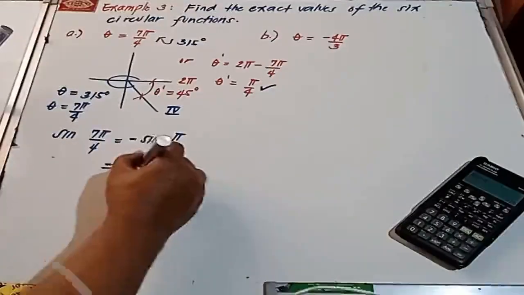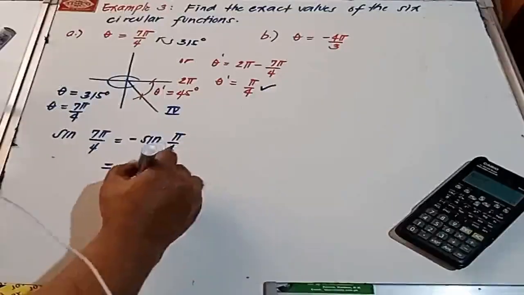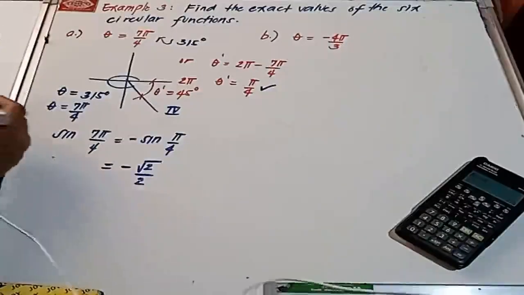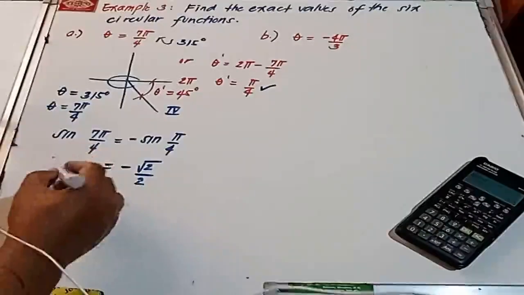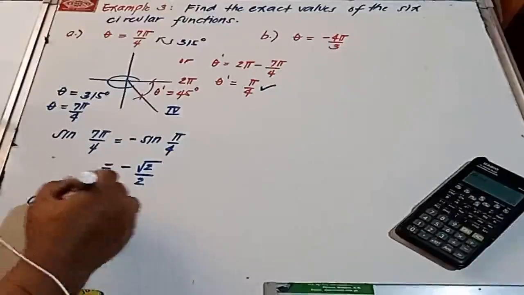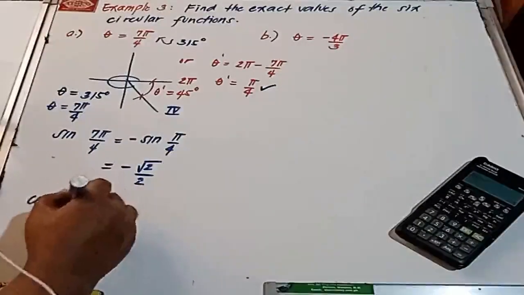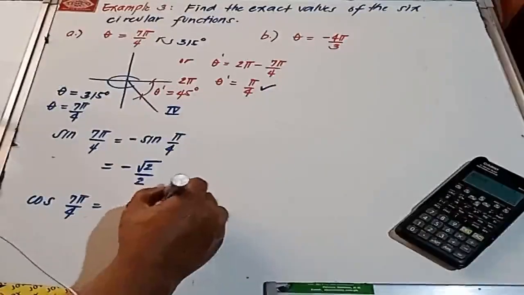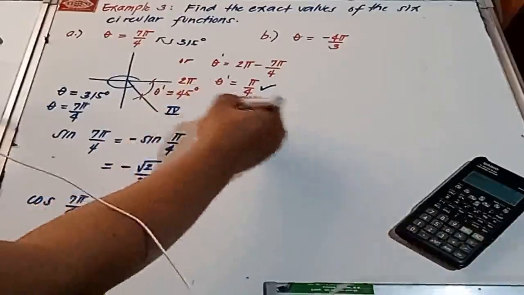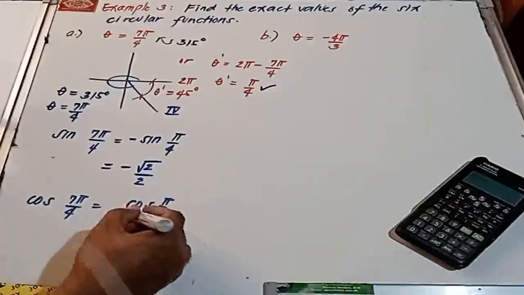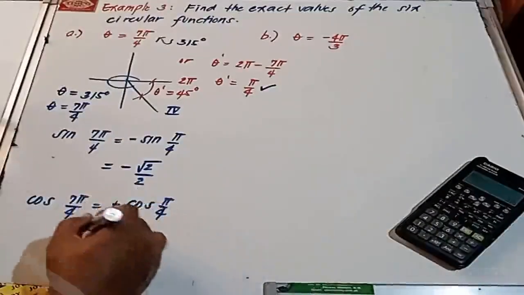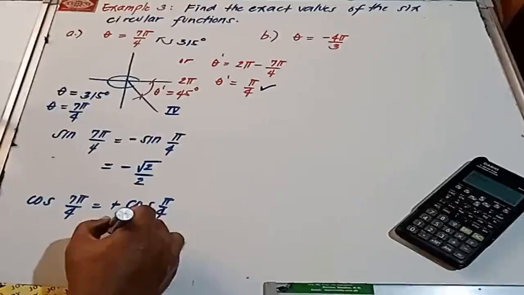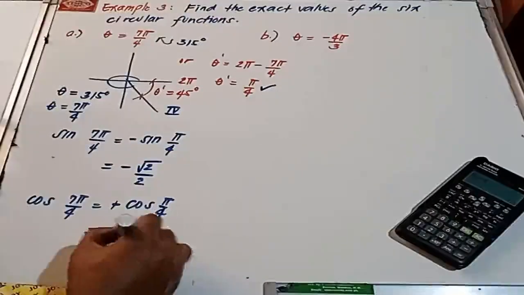So, that is negative square root of 2 over 2. Okay? Next. Cosine. Cosine 7 pi over 4. This is the same as cosine pi over 4. We use the reference angle now. And cosine sa fourth quadrant is positive. Therefore, cosine pi over 4 is positive square root of 2 over 2.